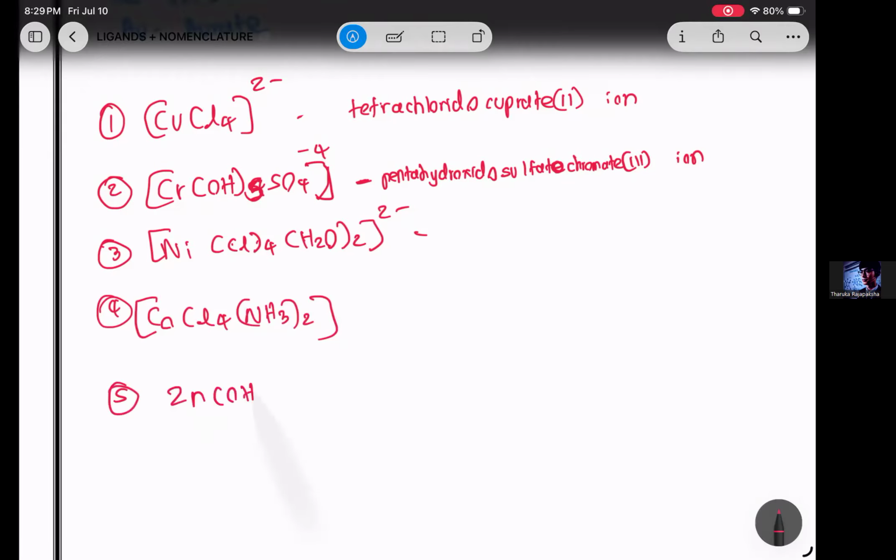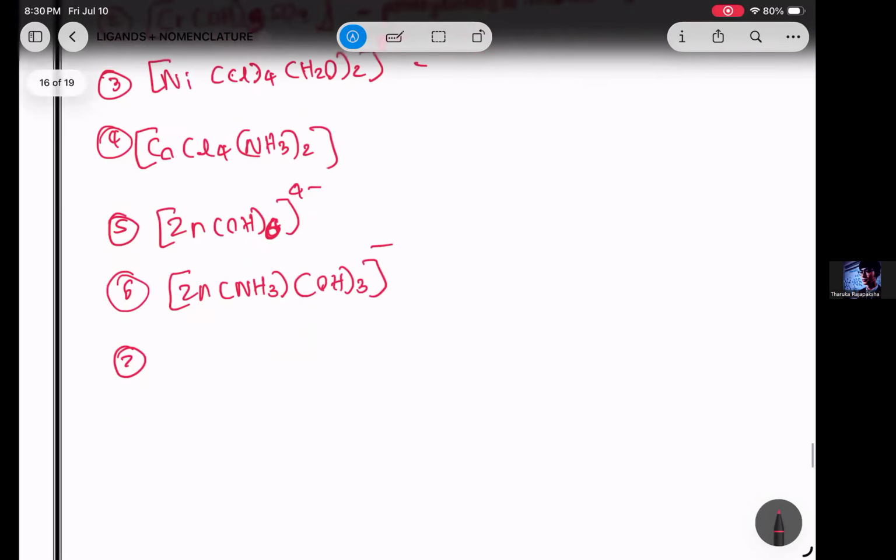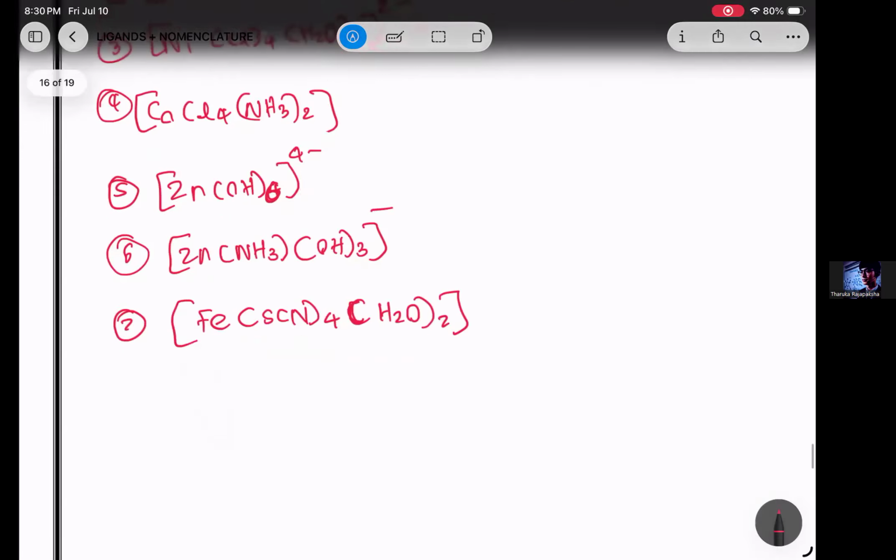Then zinc OH4, zinc OH6, minus 4, 4 minus, zinc. Write the names of these.